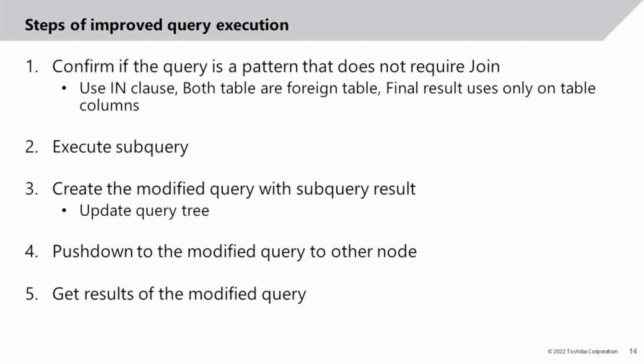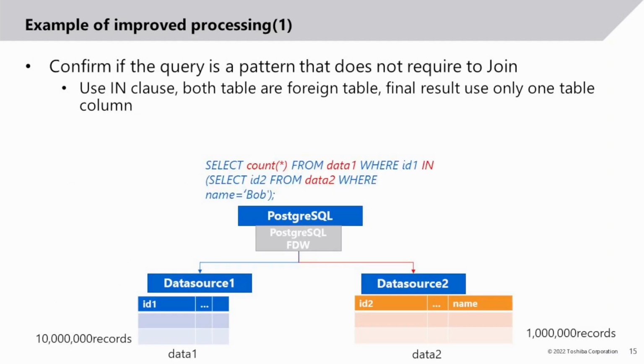Third step is to create a modified query with the second step's result. More precisely, update the Postgres query tree. Fourth step is to execute the modified query. This query is pushed down to the database. Last step is to get the result and return it to the user. I will explain each step in detail.